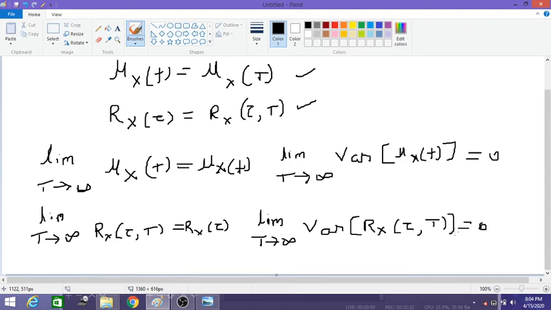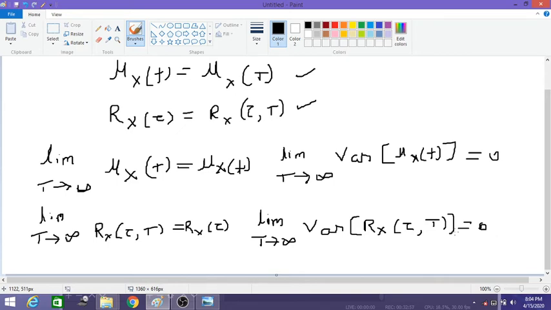The first condition says that the time average autocorrelation approaches the ensemble autocorrelation as the observation interval t approaches infinity. And the second condition says that the variance of the time average autocorrelation is 0 as the observation interval t approaches infinity. So these are the few definitions which we should know regarding the ergodic process.